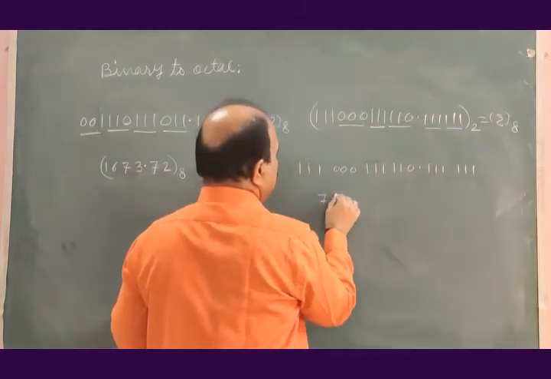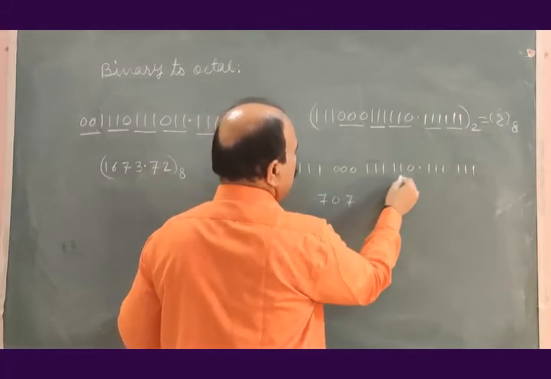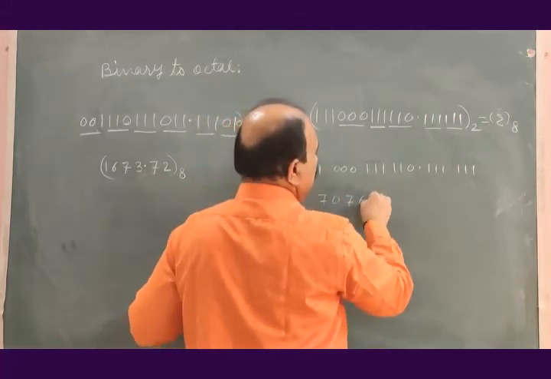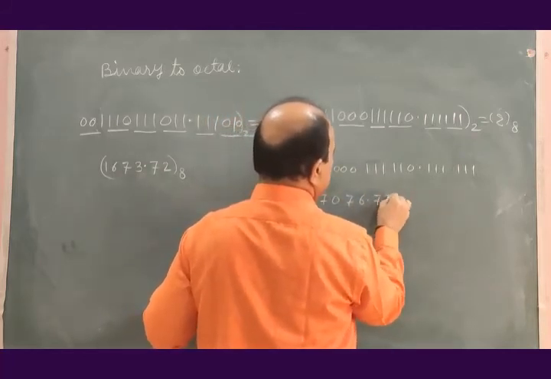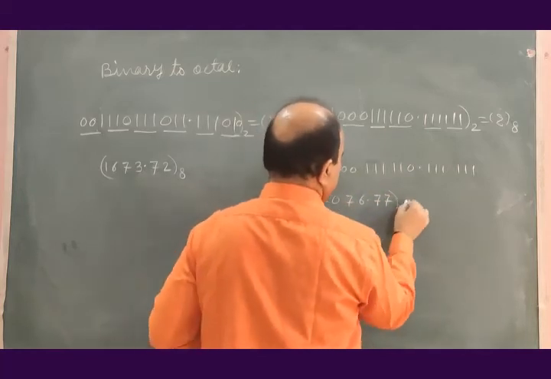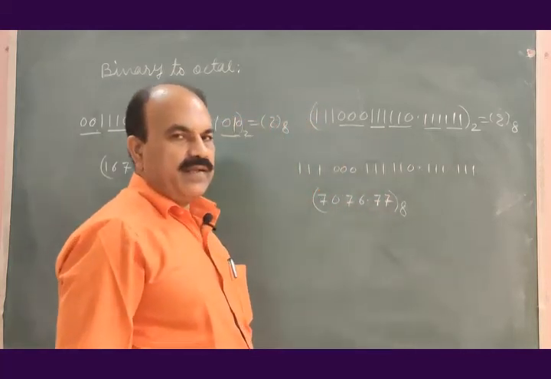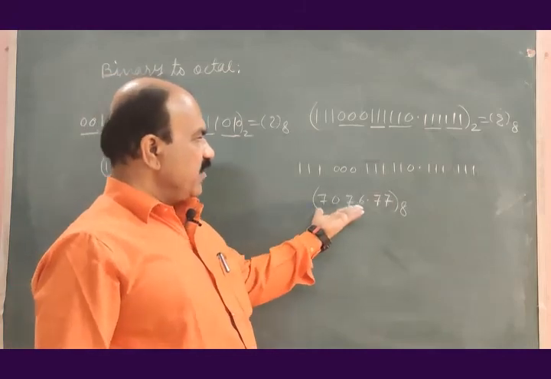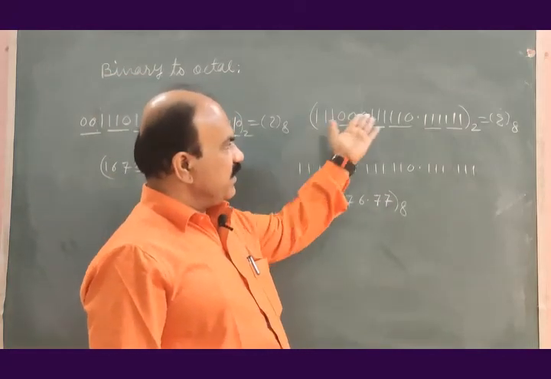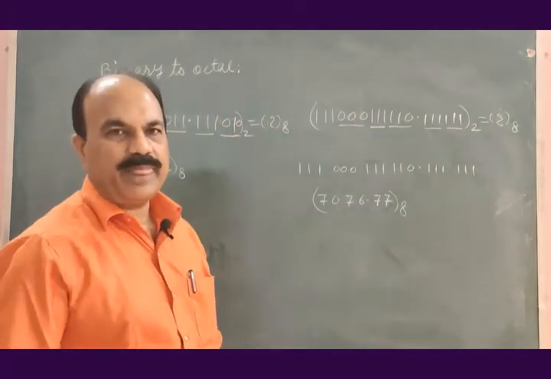So 7 0 7 6, octal point 7 7. This is the octal equivalent of the given binary number.